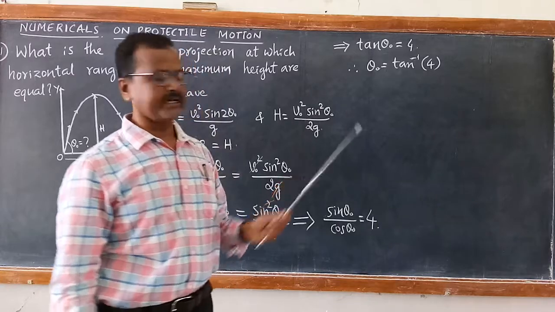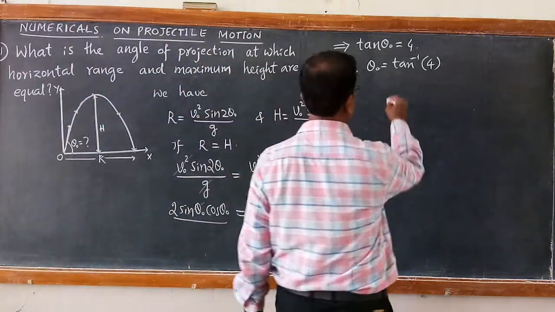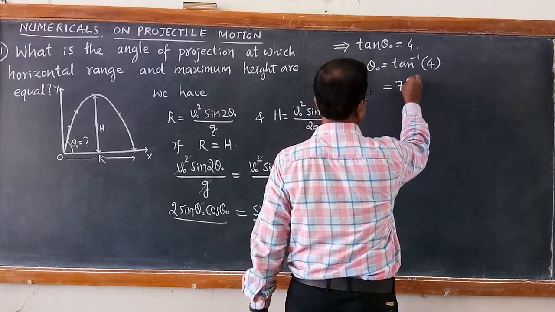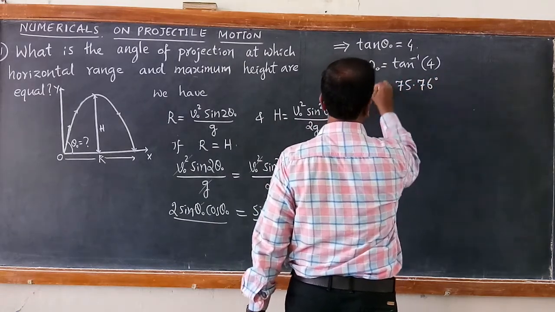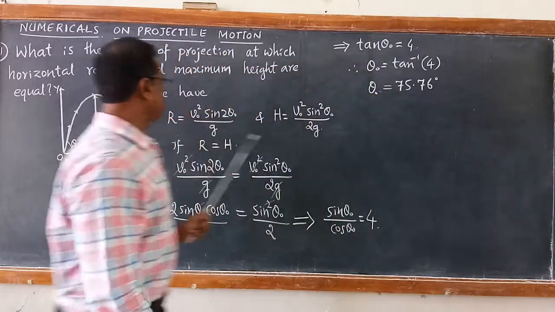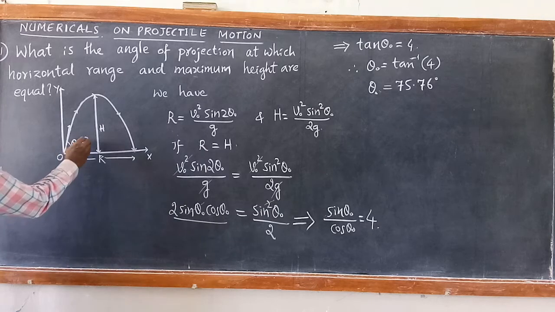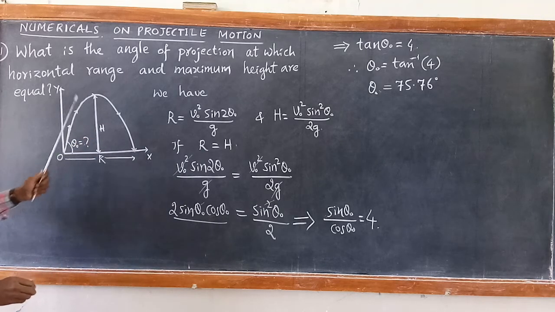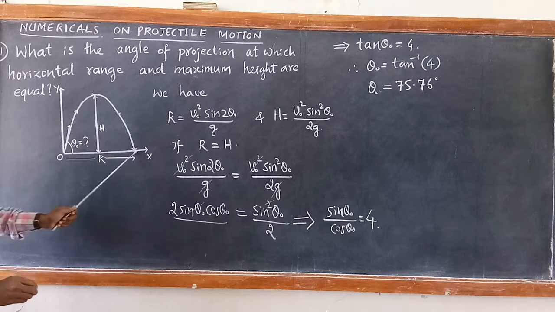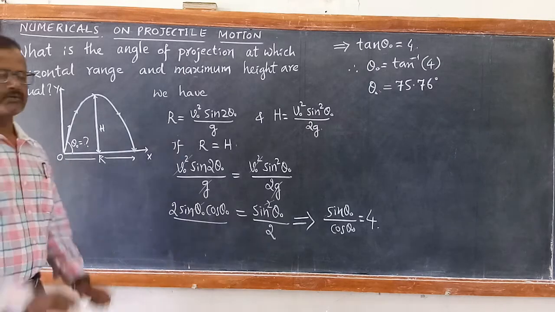If you refer to the table, you will get the angle to be 75.76 degree. So thus, if the projectile is projected with an angle of 75.76 degree, then both its horizontal range and the maximum height are going to be equal.